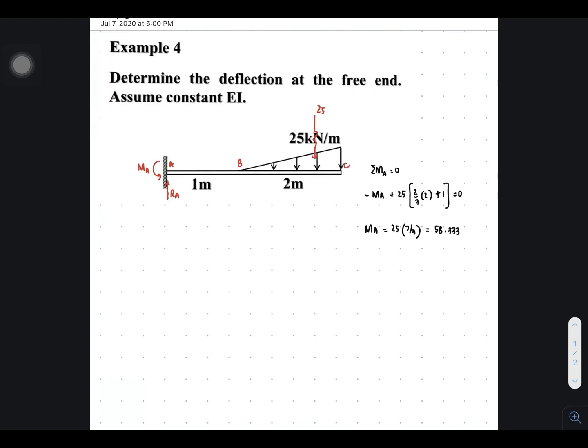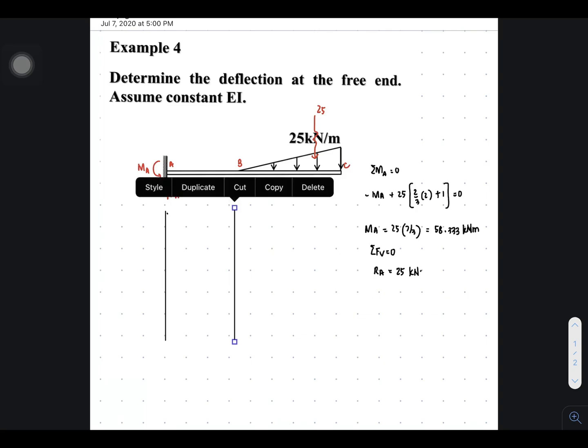Let's proceed. Let's solve for RA. Summation of forces vertical equal to 0. RA is just equal to 25 kilonewtons. And by the way, this is kilonewton meter. And let's draw the moment by parts. This is for point A. This is for point B. And this is for point C. Let's just copy this one.